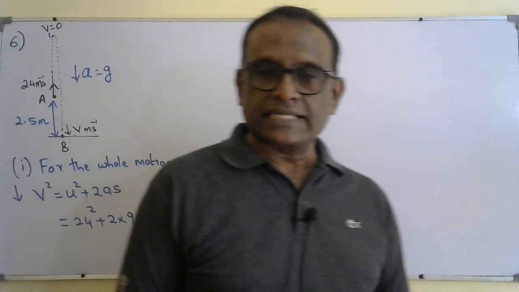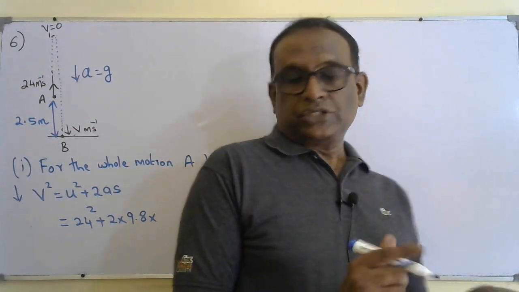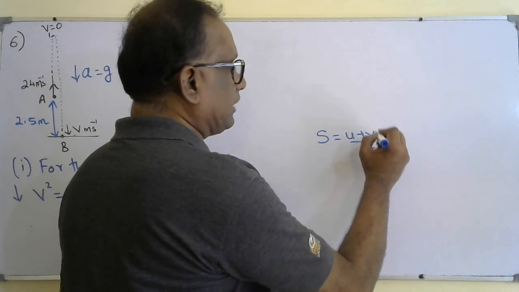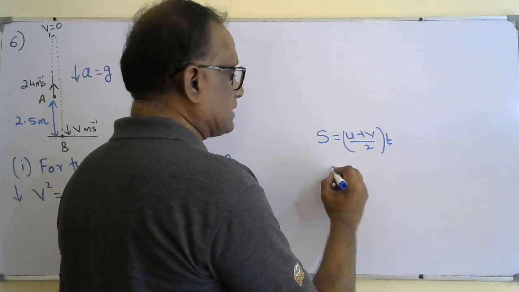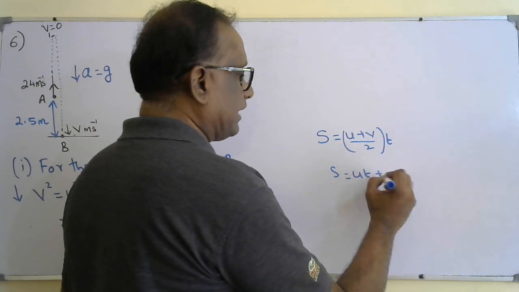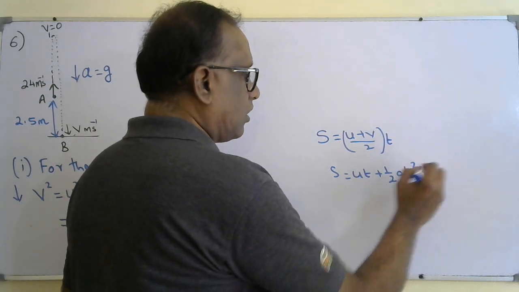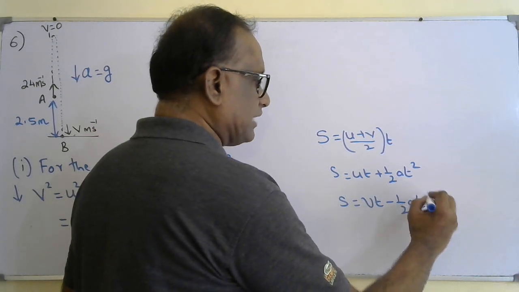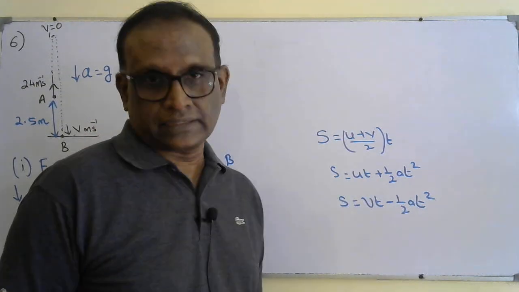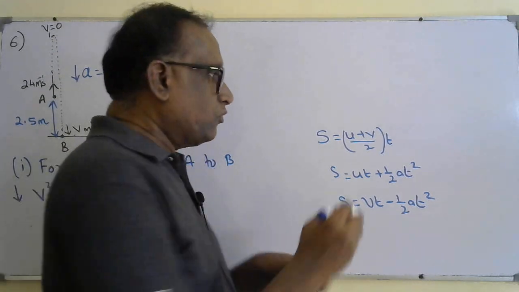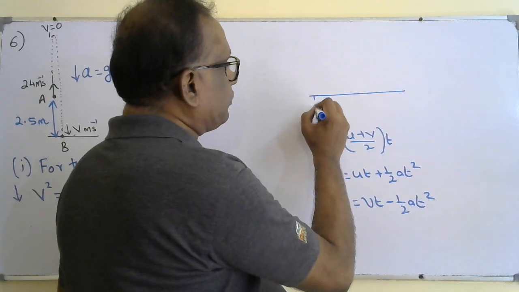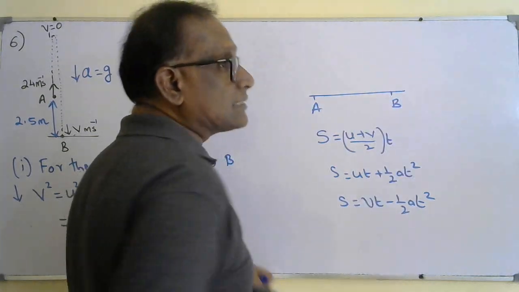Carefully, in these equations, s equals (u plus v) by 2 into t, or s equals ut plus half at squared, or s equals vt minus half at squared, in all these equations, s is the displacement, not the distance. When an object moves on a straight line along the same direction from A to B, the distance and displacement are the same.